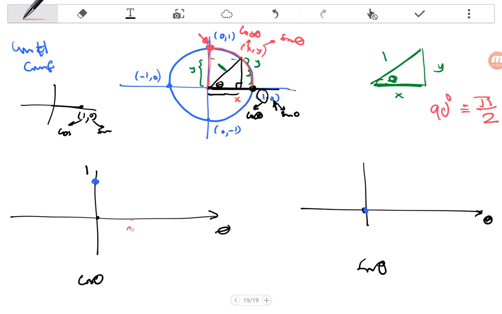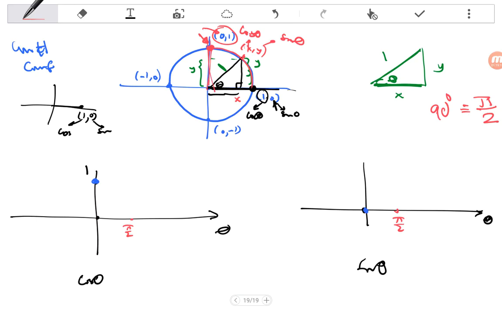Now for this angle, which is pi over 2, the point is 0 and 1. What is the cosine of pi over 2? It is 0. We know that the coordinates of the point moving on the unit circle are the cosine and the sine.